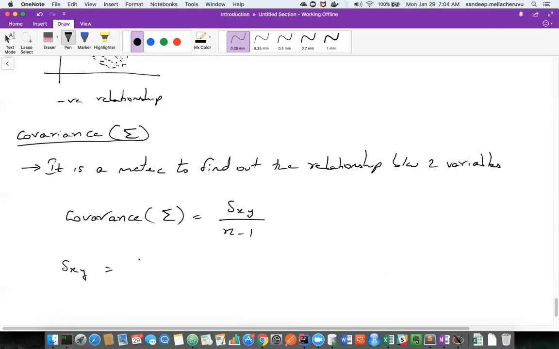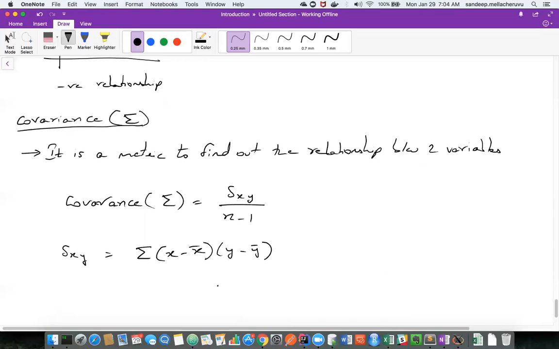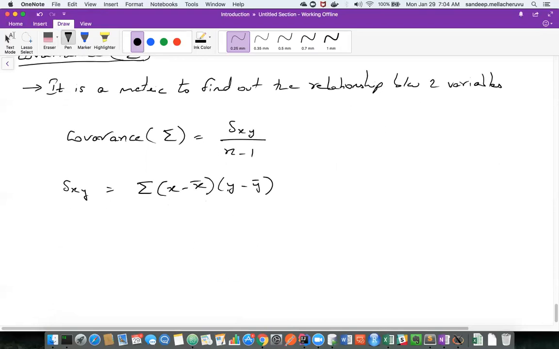Sxy is nothing but sigma of x minus x bar into y minus y bar, where x and y are the variables. So you have two variables. Each variable will have its own average: x has x bar as its center or average, and y variable has y bar as its average. So depending on both the averages, you are just doing sigma of x minus x bar into y minus y bar.